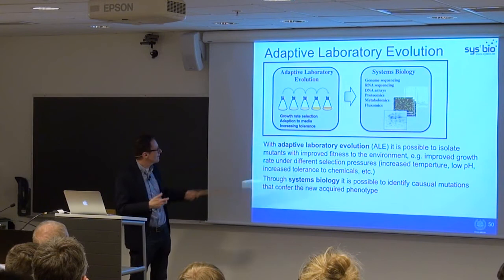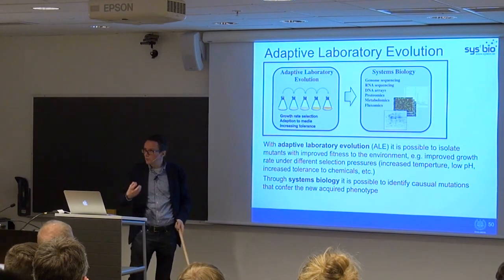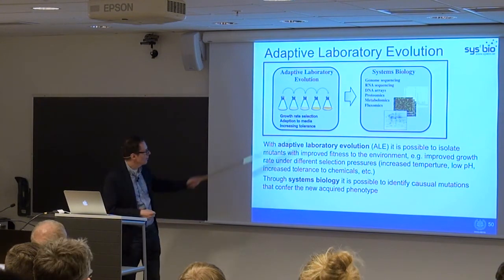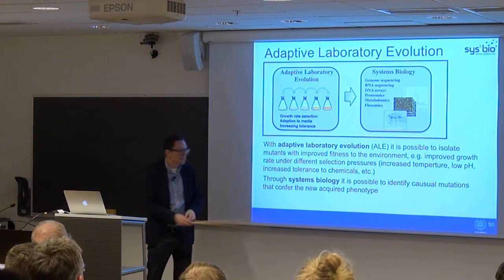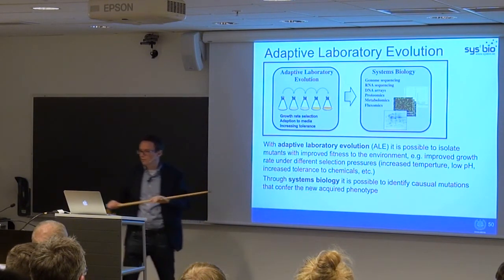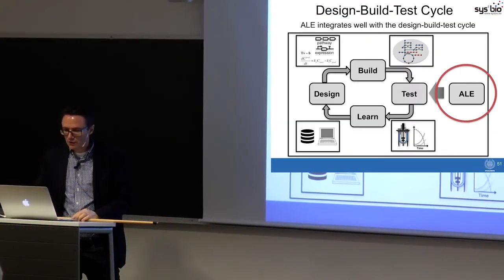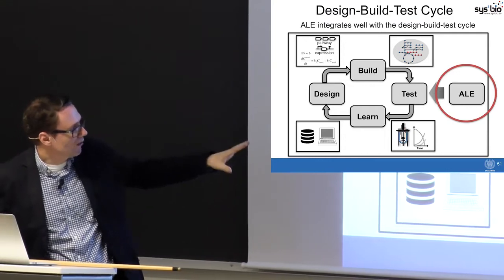The idea is that they will eventually take over and basically evolve to have improved phenotypic properties. And then we can do systems biology to characterize these strains and hopefully find causal mutations and then learn something new about biology.